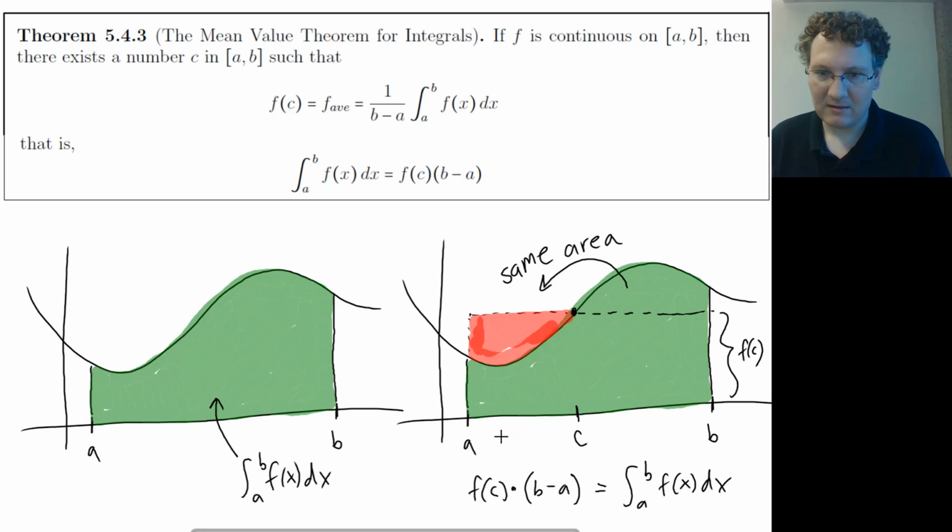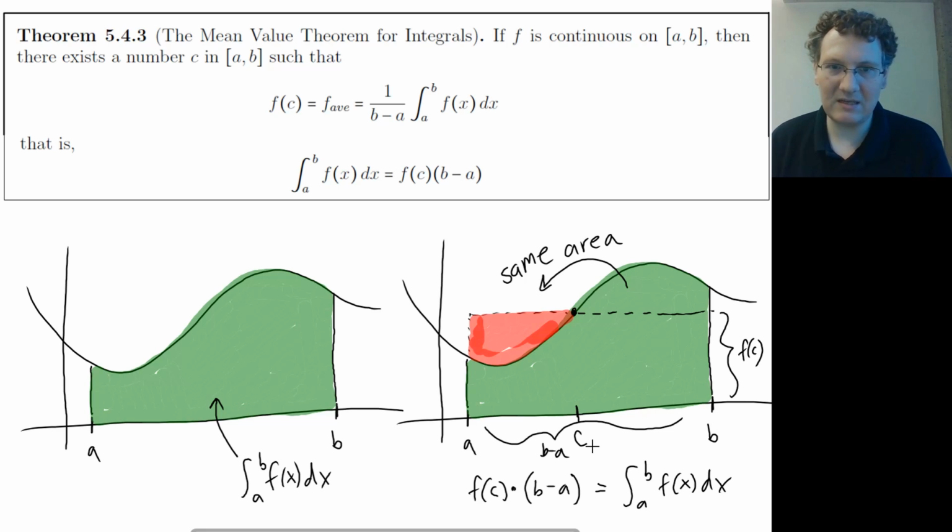This is the height, this is b minus a. So the base times the height of this rectangle equals the integral. And dividing both sides of this equation by b minus a gives you f of c equals 1 over b minus a times the integral. That's the average value of the function.